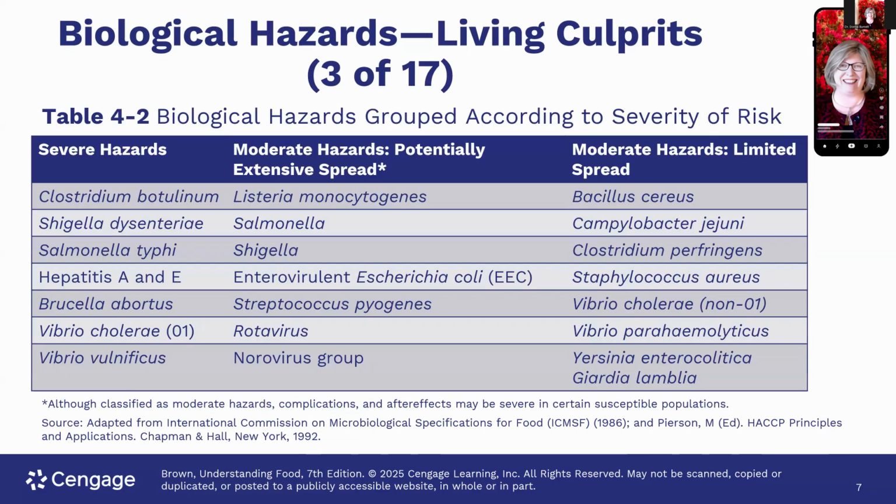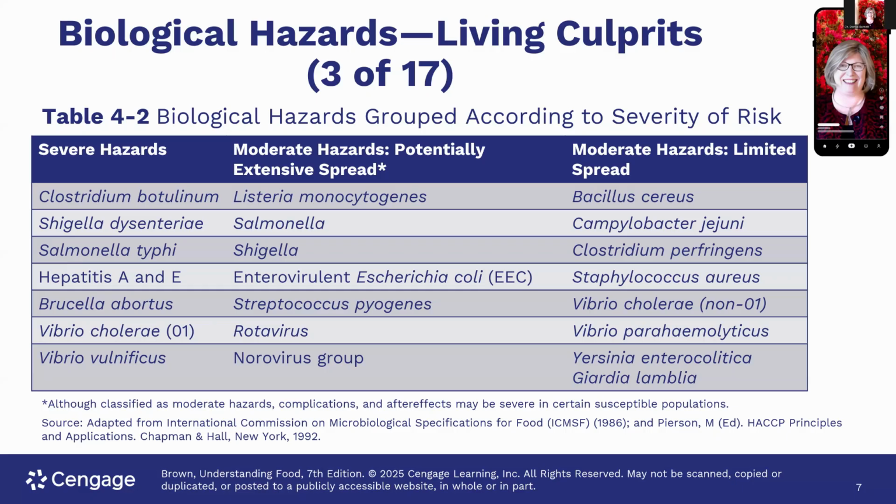Table 4-2 groups the biological hazards according to severity of risk. You have your severe hazards, your moderate hazards that have the potential to be more extensive depending on the age of the person who acquires the foodborne illness, also any complications that might occur. And then you have your moderate hazards, which would have limited spread. So in the severe hazards, you might recognize hepatitis A and E, for instance.